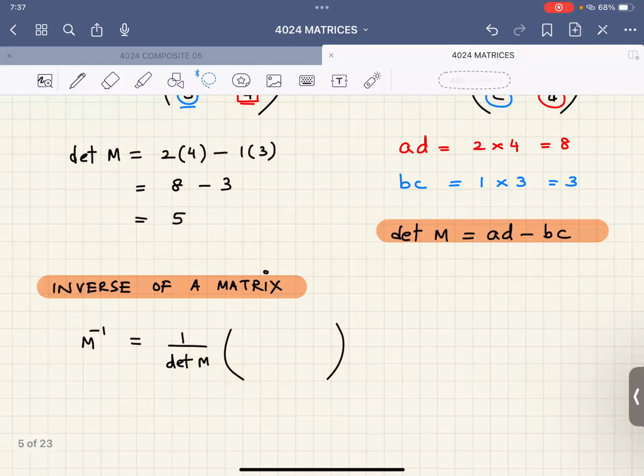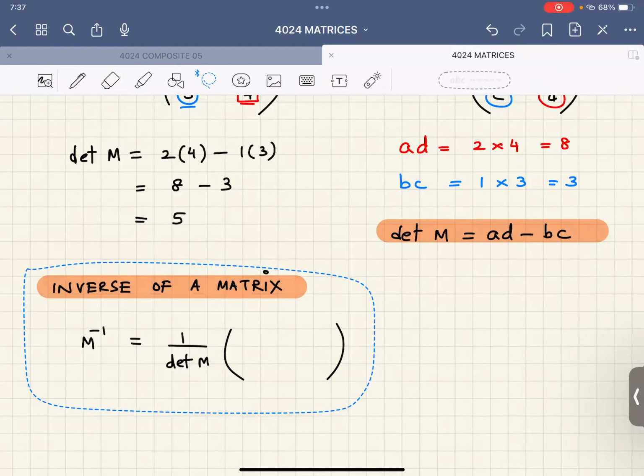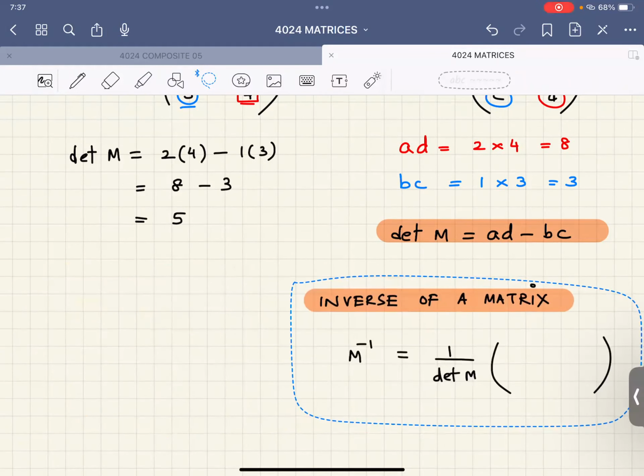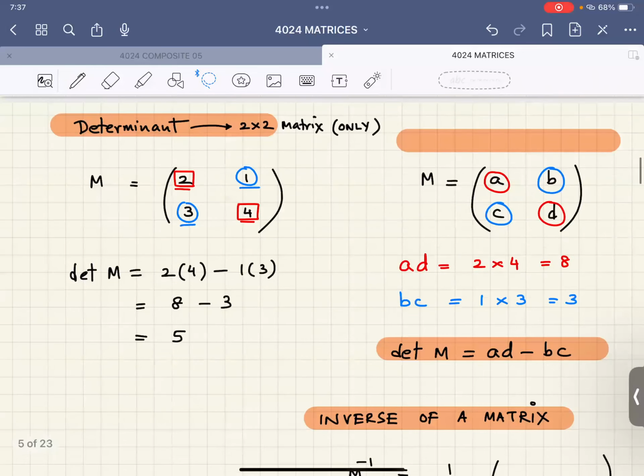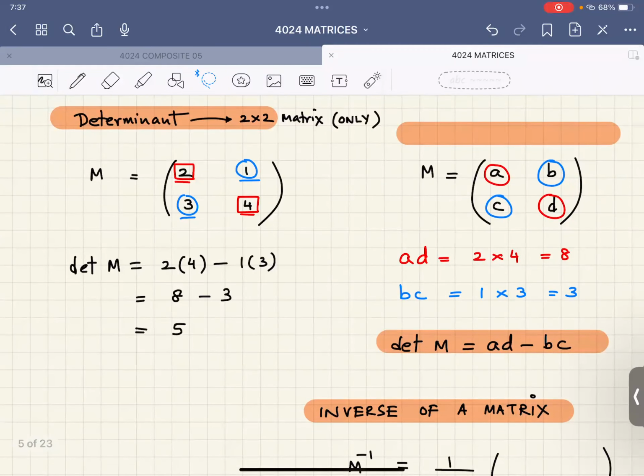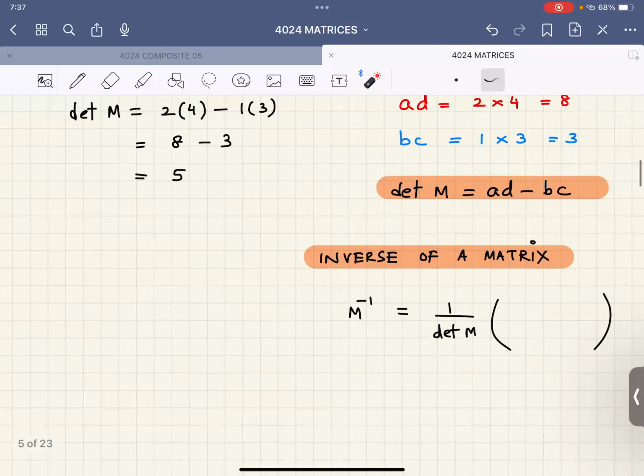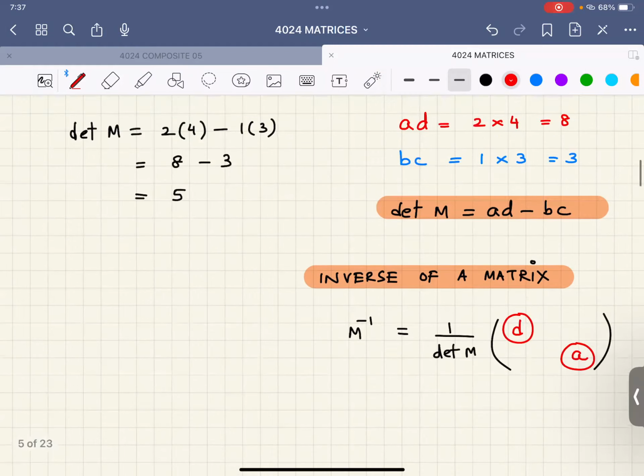So let me shift this thing over here, and then I can write the working underneath it. So we know that we have A and D. So these two change places. D goes over here, A goes over here, the places are changed.